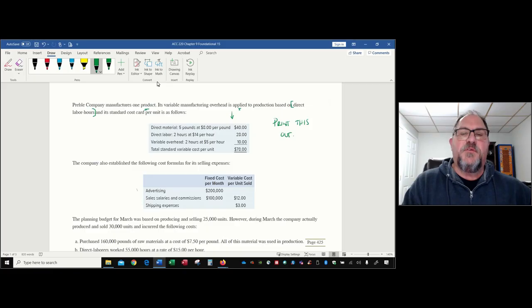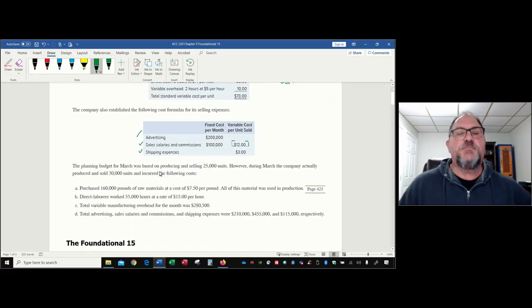They said we have a fixed expense of $200,000 per month, sales and commission of $100,000 per month. There's a variable part of their selling as well per unit, $12 per unit, and we have some variable shipping expense. So we have this planning budget says we're going to produce and sell 25,000 units.